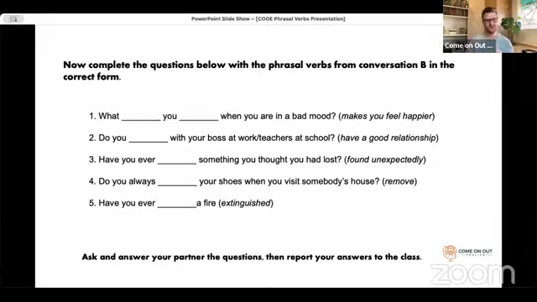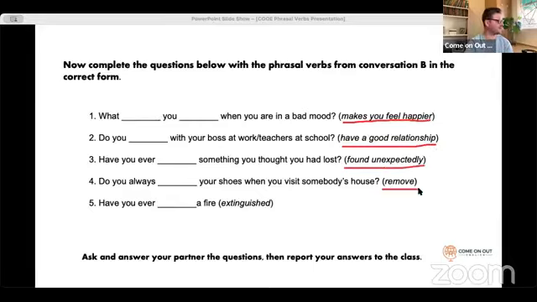Take a picture or take a screenshot and see if you can complete these questions using the right phrasal verbs that we learned today. And you can find the meaning of the phrasal verb you need at the end of each sentence. So see how many of these you can remember, and feel free to send your answers in the chat.